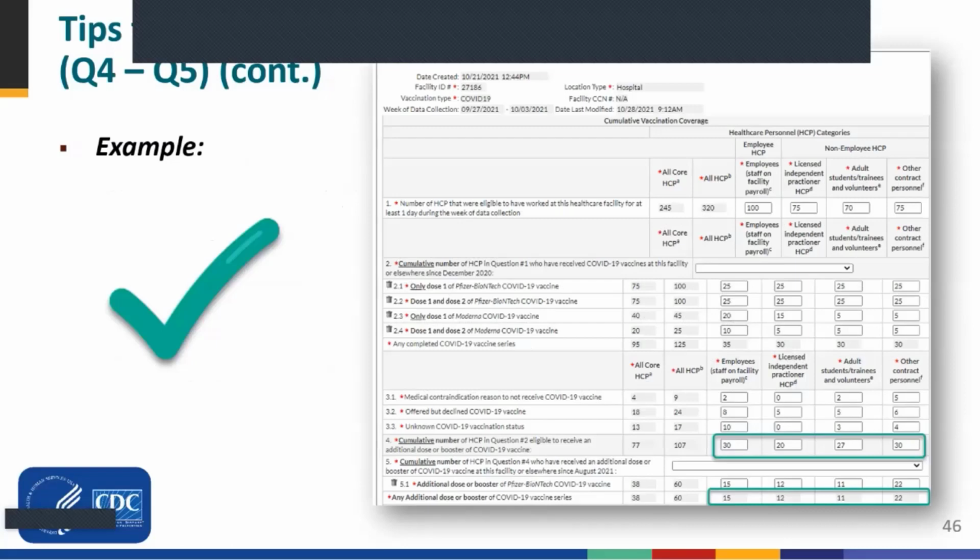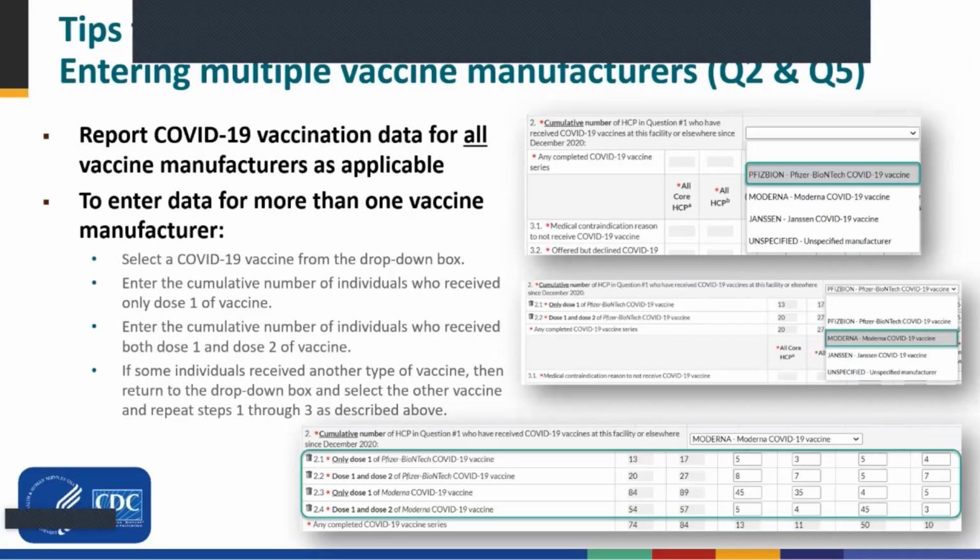We would also like to review how users should report all COVID-19 vaccination by manufacturer type. The NHSN application allows for vaccines by multiple vaccine manufacturers to be reported in a single data collection form. To enter data for more than one vaccine manufacturer, you would need to select the COVID-19 vaccine from the drop-down box.